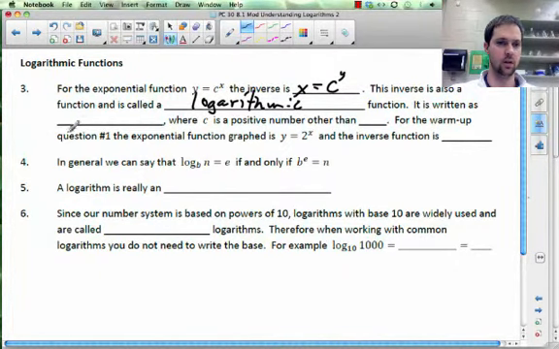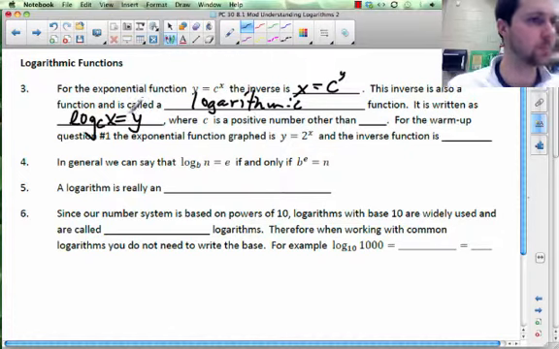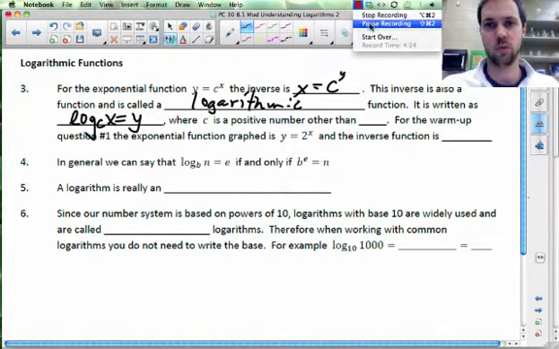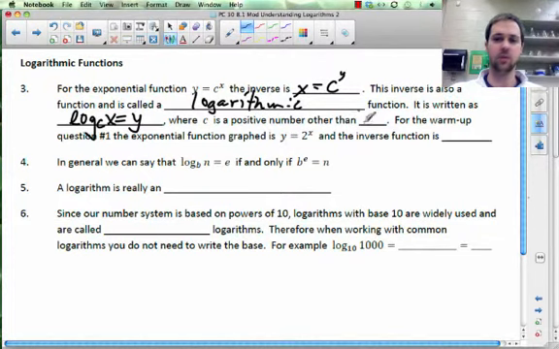It is written as log base c of x equals y, where c is a positive number other than 1.